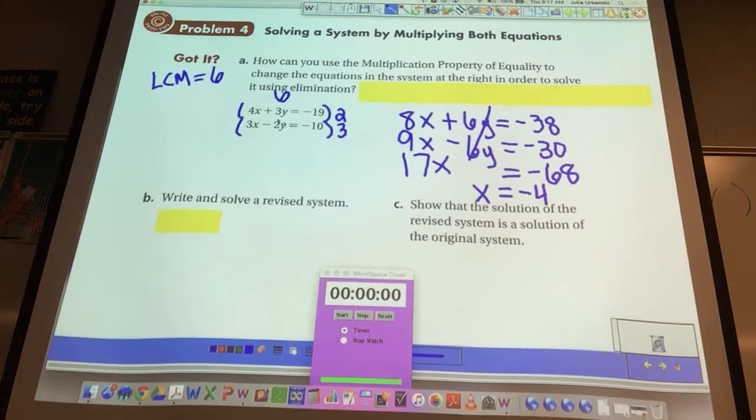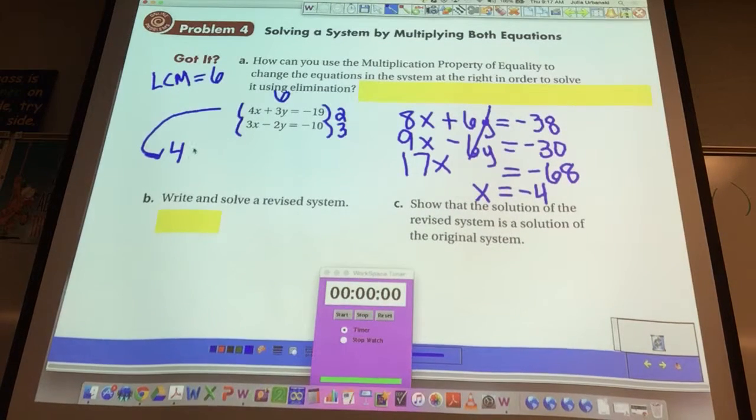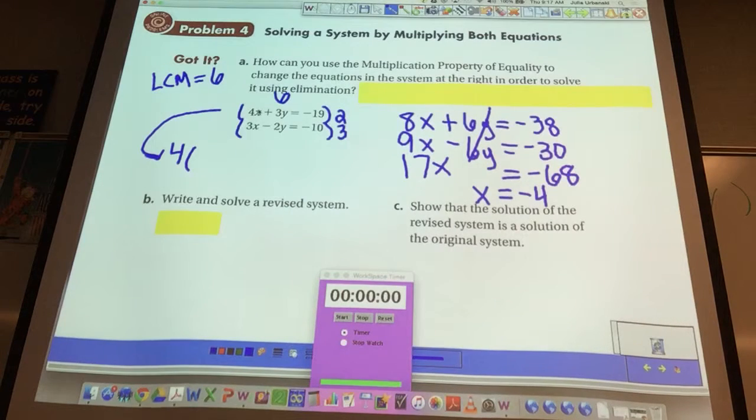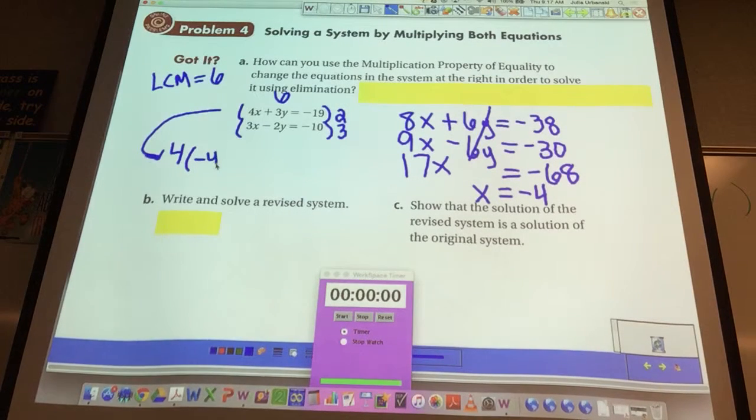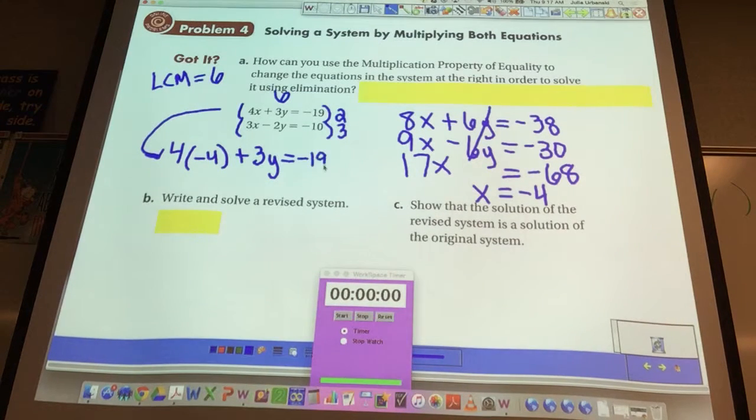Alright, now I need to figure out y. Pick the easiest one, it doesn't matter which one. Top one, okay. So we're going to do 4 times x. Do I know x? Yeah, that's the one I plug in. Plus 3y, I don't know y, so that's the one I leave alone. Equals negative 19. That makes negative 16.